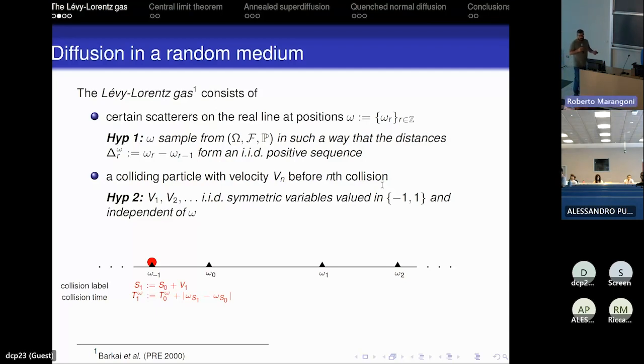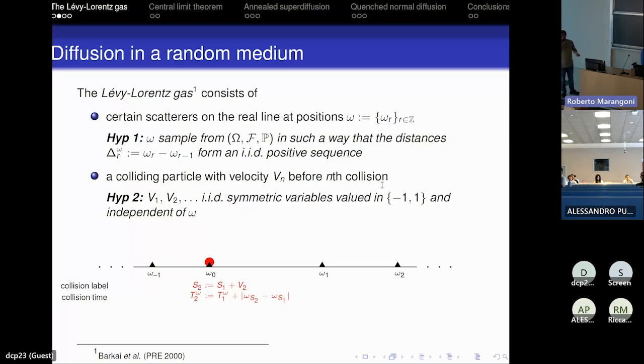The first collision occurs, and you draw the second velocity, which in this example is V_2 equal to +1. This means that in the first collision, the particle is reflected. It starts moving toward the right until it reaches the second obstacle with the label S_2, which is 0 in this example.